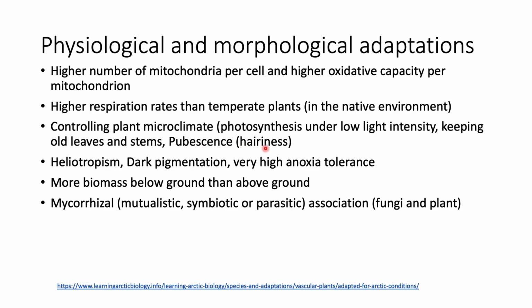Pubescence, that is hairiness. Heliotropism, dark pigmentation, very high anoxia tolerance. More biomass below ground than above ground. Mycorrhizal, that is a mutualistic, symbiotic or parasitic association between fungi and plant. These are some of the physiological and morphological adaptations.